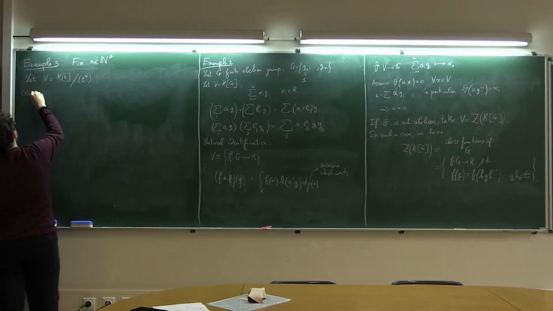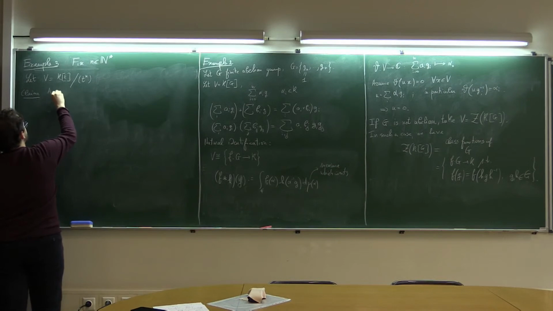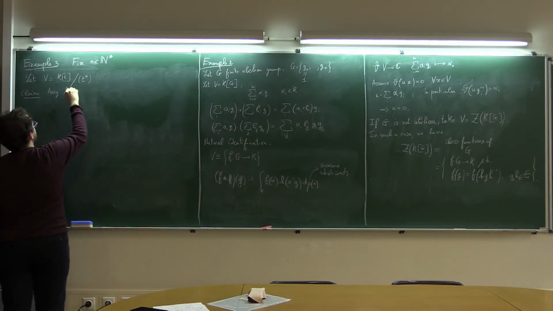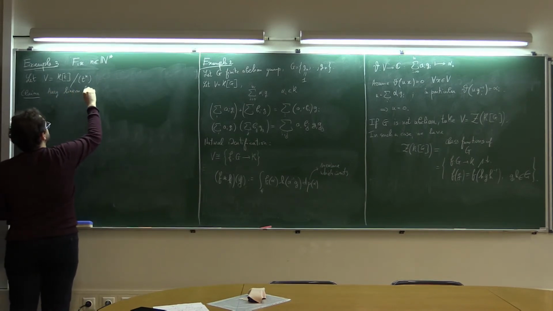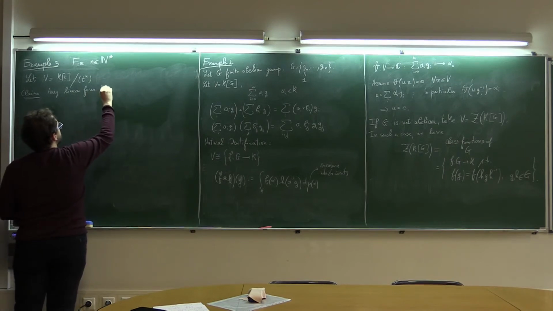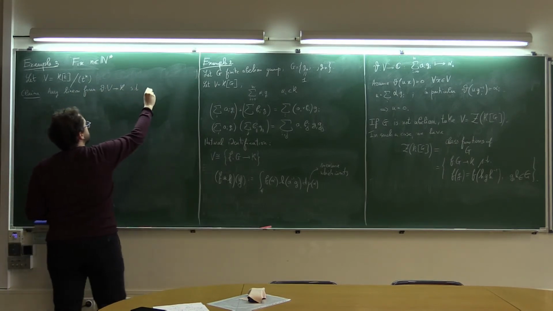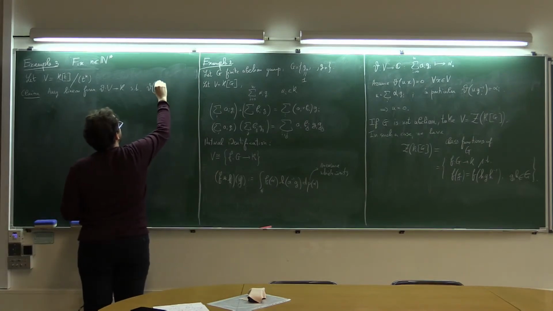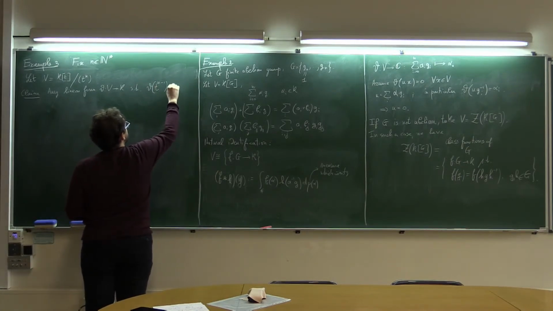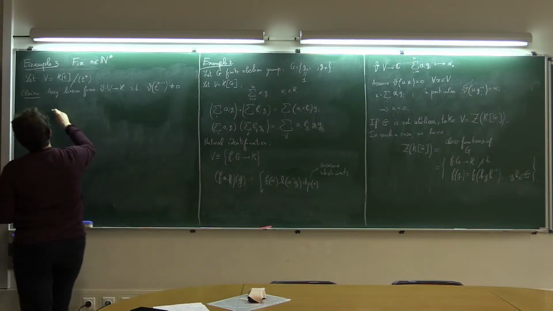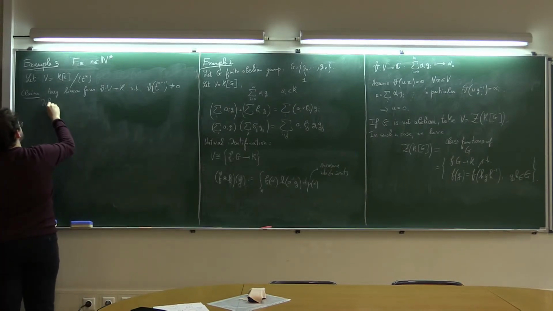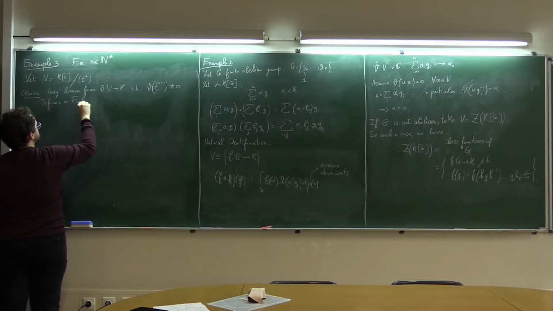The claim is the following. Any linear form theta from V to K such that theta of t^(n-1) is non-zero defines a Frobenius algebra structure.